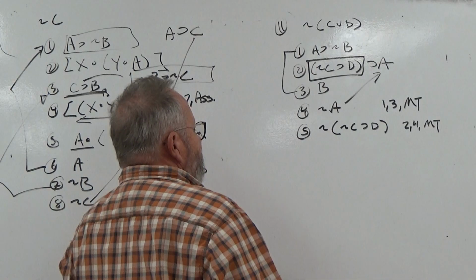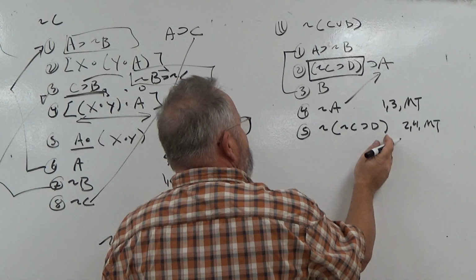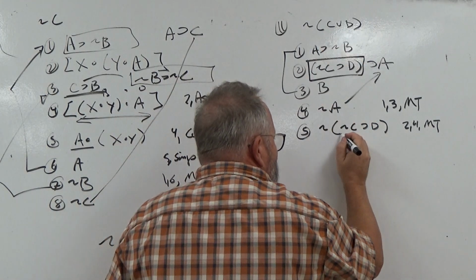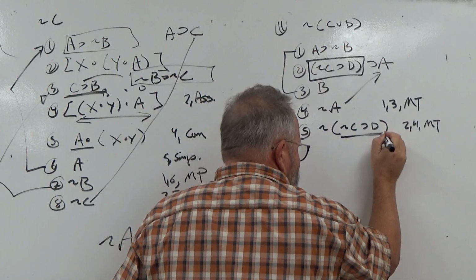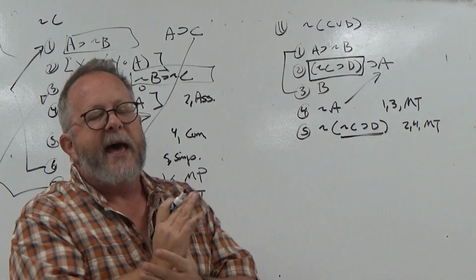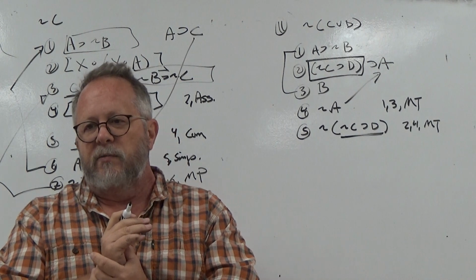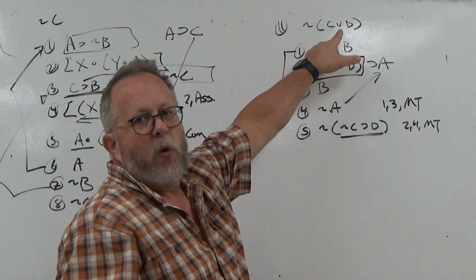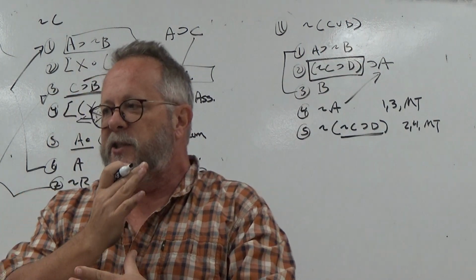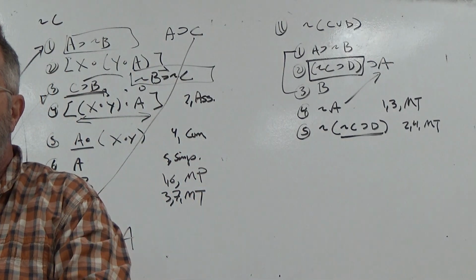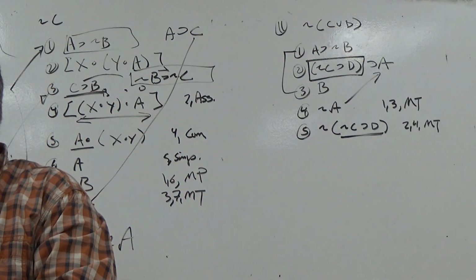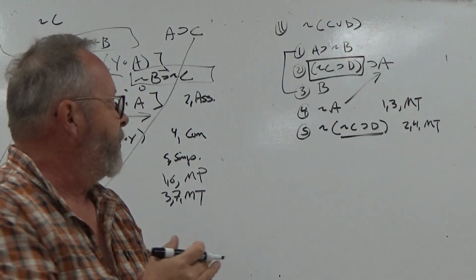But I can change this to make it look like that. Look just inside the brackets. That is a conditional. We need an or. Do we have a rule that lets us change ors to thens and thens to ors? We do. It's called implication or material implication.